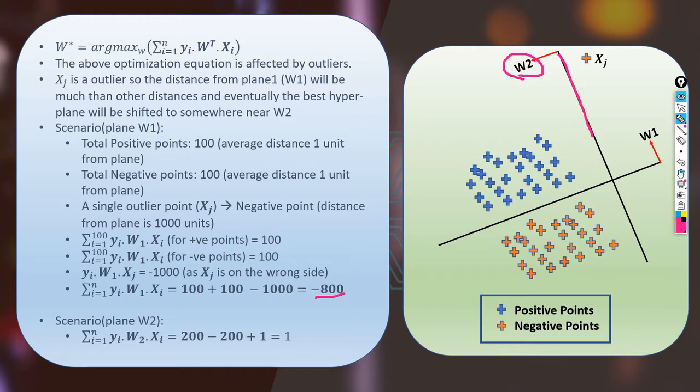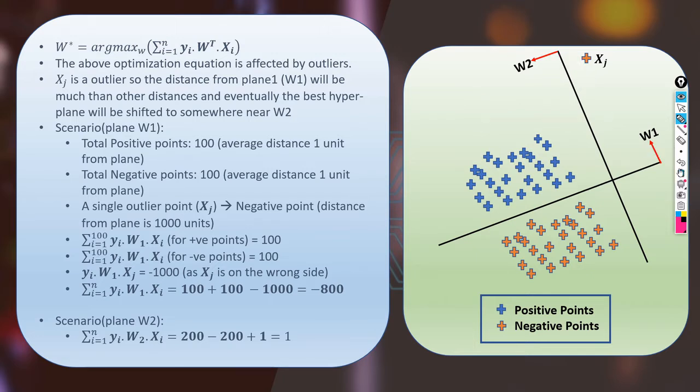Now, just see carefully. The distance for this outlier is affecting so much that this W1 plane has been turned into this W2 plane, and I am assuming the distance between xj and the W2 plane is 1 unit, and the average distance from the positive and negative points is 2 units.